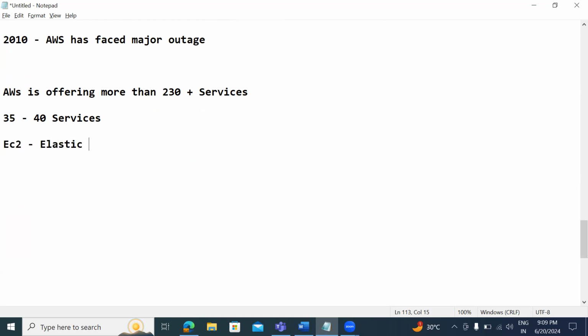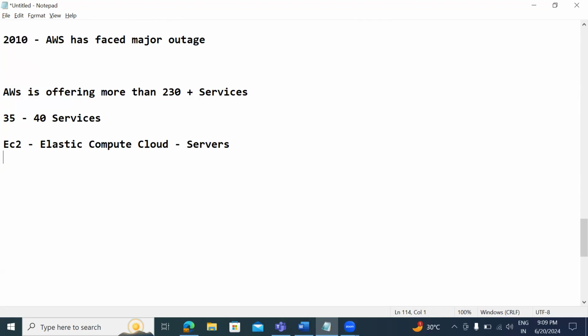EC2 stands for Elastic Compute Cloud. What is the meaning of EC2? We are going to get high-end compute servers. Normally, if we want a server, we need to purchase the hardware, set up the installation, configure the network, and need a lot of storage like SAN storage, all very expensive. But with EC2, highly scalable, highly available computing resources are available.